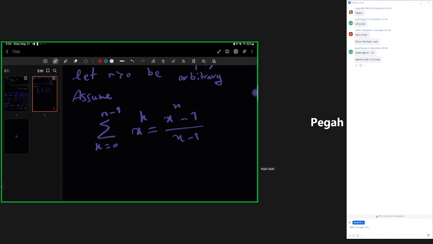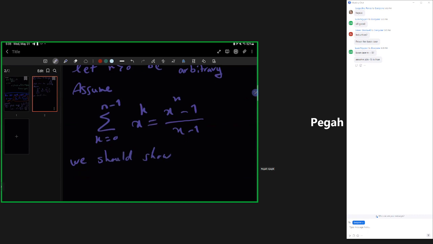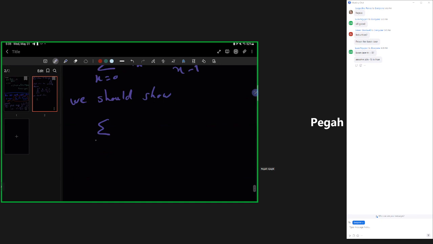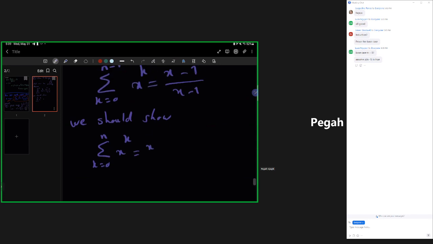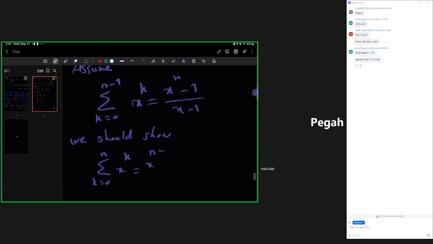Let's show the other. If we assume this, we should show that it holds for n. For n, this is n minus 1, and this is n. So we put this one.